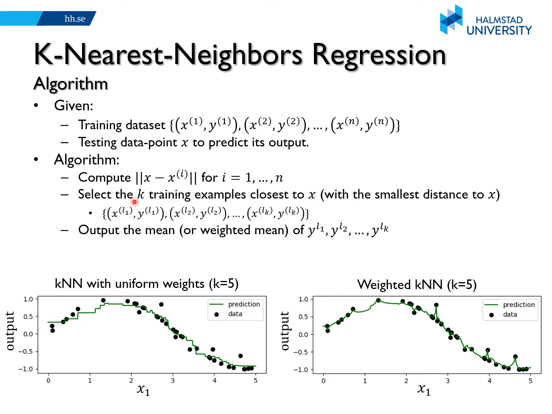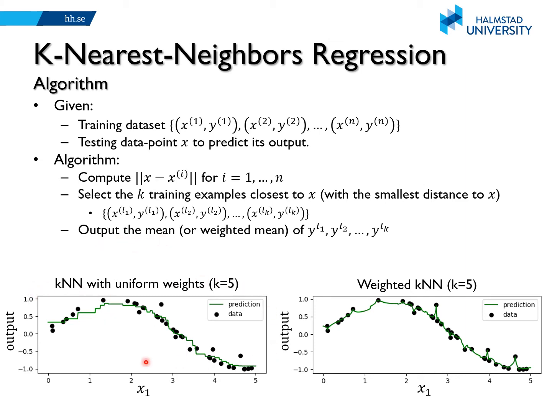These are the k examples that have the smallest distance to x. And then you just compute the mean, or the average, or the weighted average of those outputs corresponding to the k nearest neighbors. And that's the prediction, or the predicted output for x.